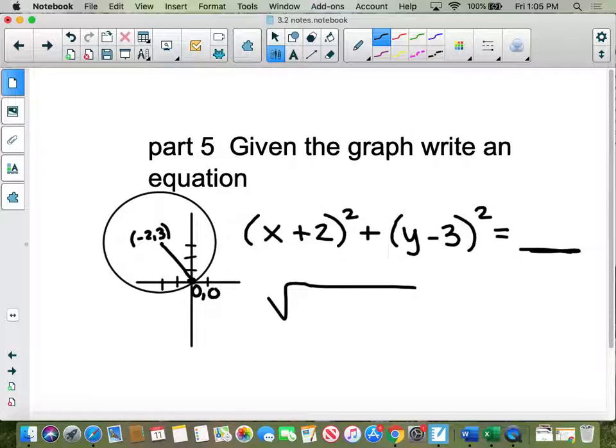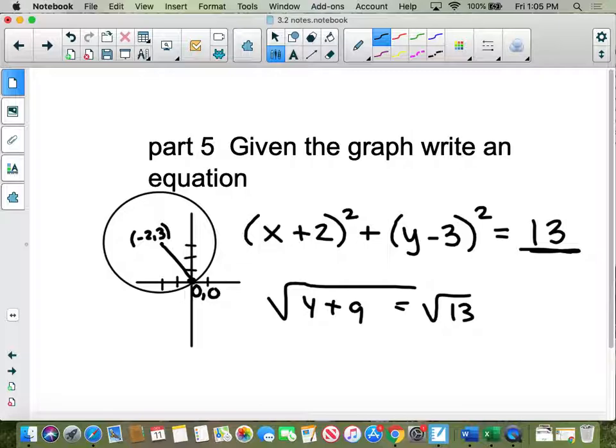It's 0, 0. What happens when you subtract that and square it? Don't you get 4? And what happens when you subtract 0 from 3? Don't you get 3 and square it? It makes 9. So 4 plus 9 is the square root of 13. But you have to square that, which makes 13. Do you know another way you can do it?